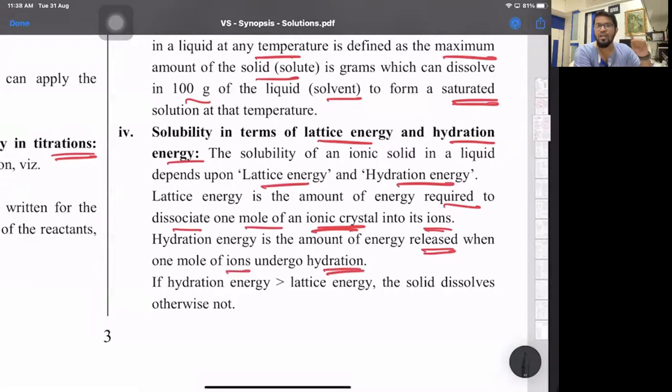What is hydration? Solute particles surrounded by the opposite ends of water. So if I dissolve NaCl in water, the force of attraction holding the Na plus and chloride ions is the lattice energy. Lattice energy is either the energy released when an ionic compound is formed, or the energy supplied to break the force of attraction between the Na plus and chloride ions.